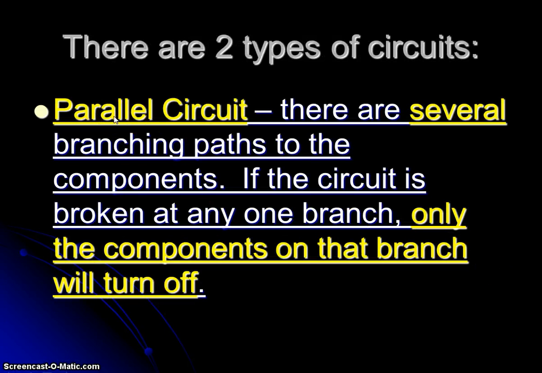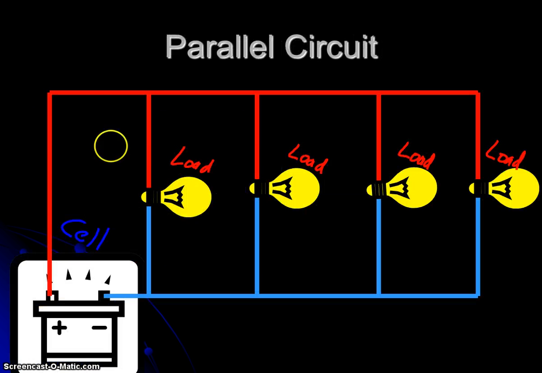There's also a parallel circuit, in which case there are several branching paths. It branches out. There's multiple paths for the electrons to flow. If that circuit is broken, then only the branch that is broken has a problem. And this is a good example right here.